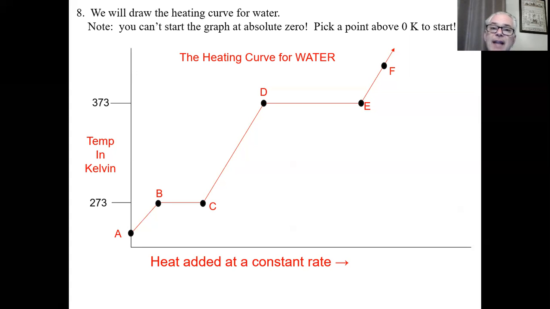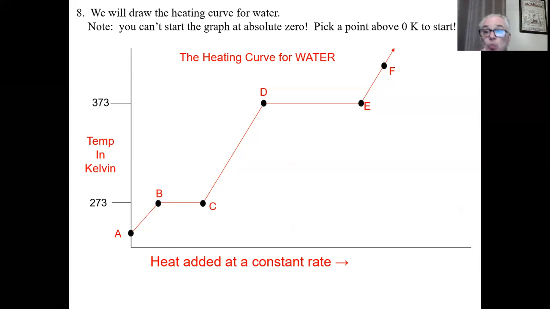This is the standard issue heating curve. Now, this heating curve, like I told you in the last video, the intro video, is the exact same heating curve literally for any substance in the universe. The only difference between this heating curve and the heating curve I told you for gold is, for instance, it says water in the title.